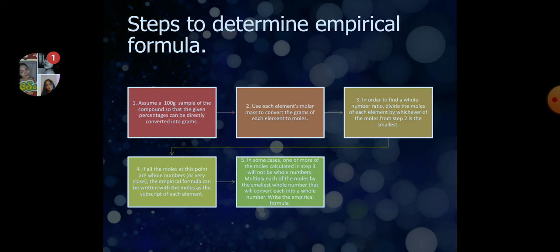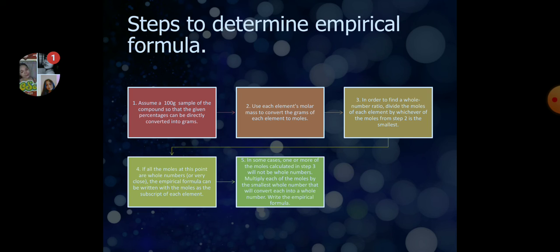For example, if it's 3.98, that's considered na 4 na. Okay? Pag whole number na lahat, the empirical formula can be written with the moles as the subscript of each element. So, pag hanggang step 4 ka lang kapag whole number na yung sagot after step 3. Okay?